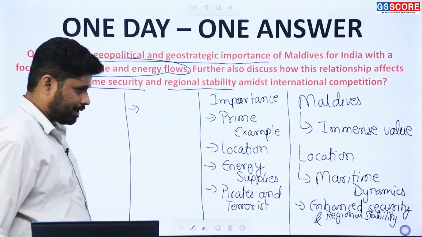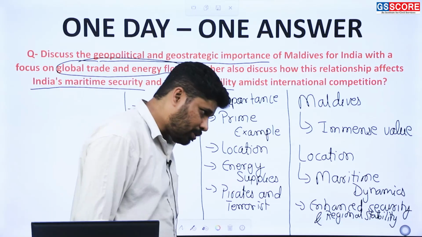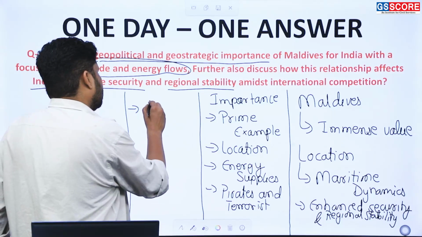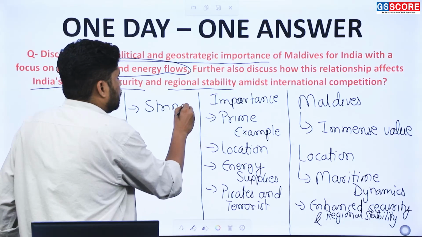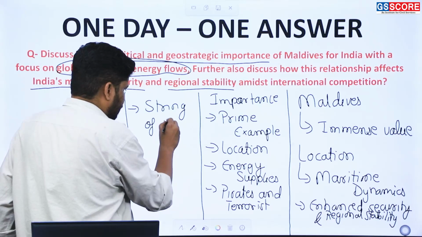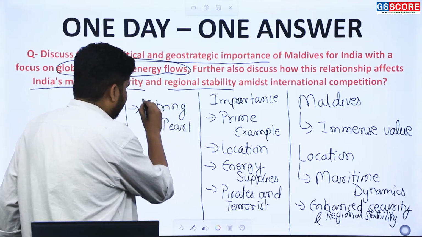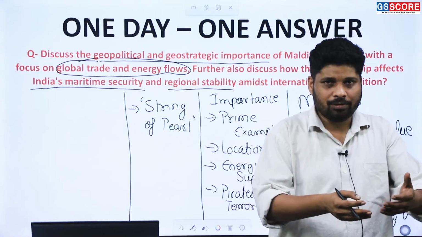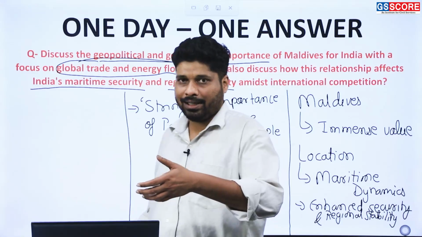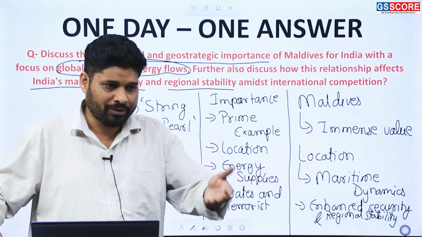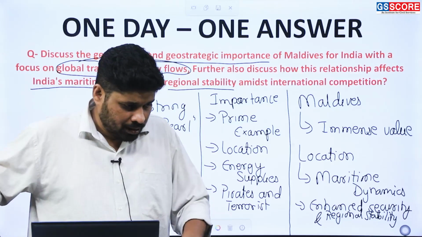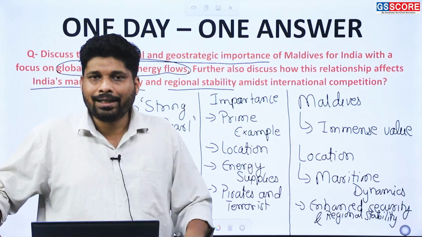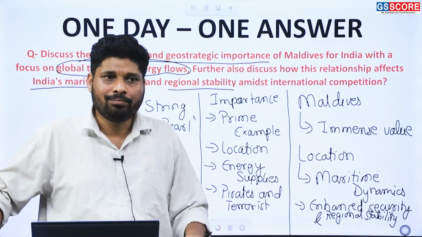Geopolitically and geostrategically, Maldives is also important because the string of pearls has to be negated by India. Don't explain the string of pearls in your answer then and there itself, because it will not provide you enough space and time. But the string of pearls is an initiative of China where it plans to surround India by building military ports.